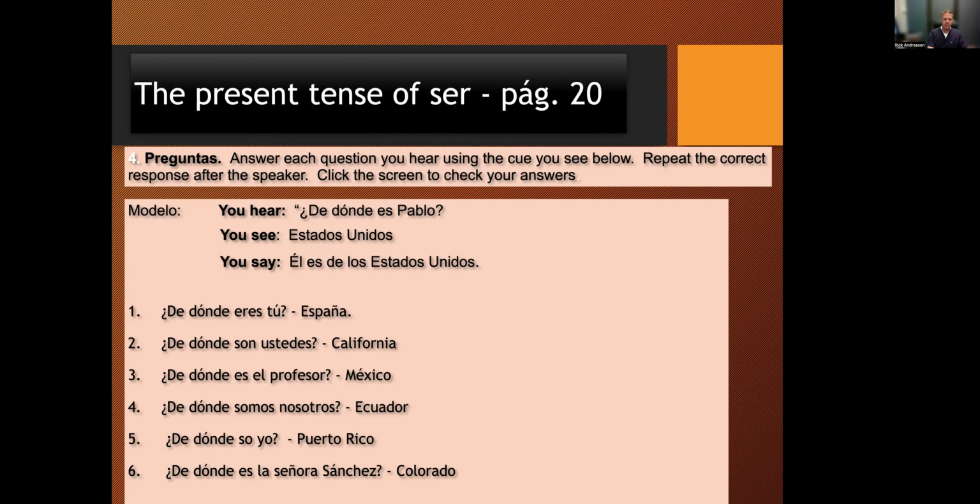Okay, here we go. 4. Preguntas. Answer each question you hear using the cue in your lab manual. Repeat the correct response after the speaker. Modelo. You hear. ¿De dónde es Pablo? You see. Estados Unidos. You say. Él es de los Estados Unidos. 1. ¿De dónde eres tú?